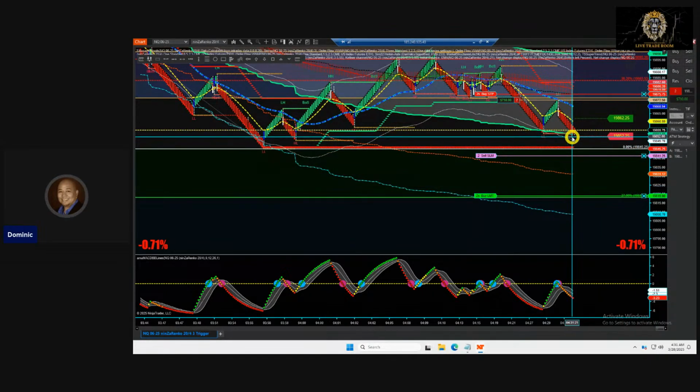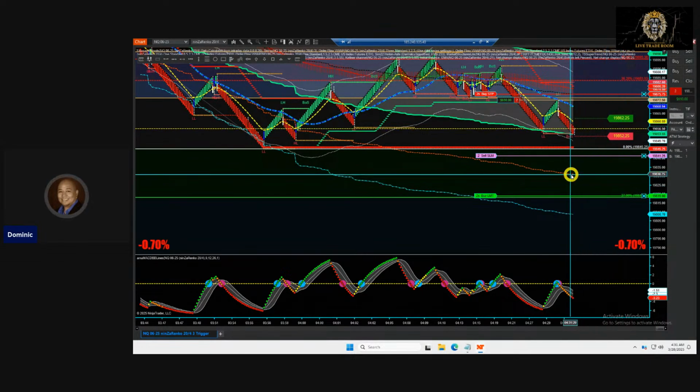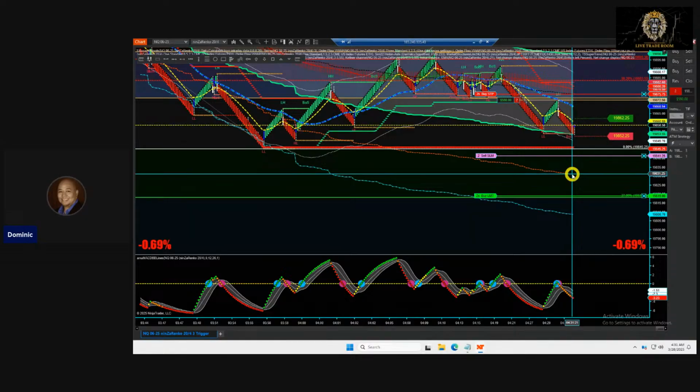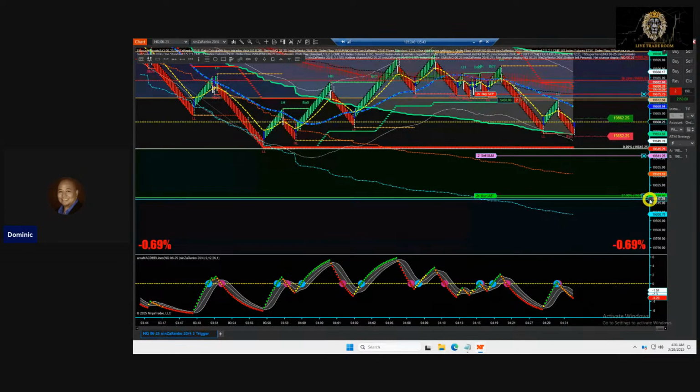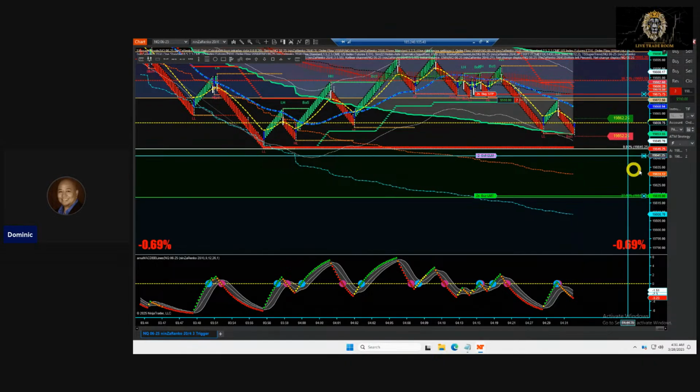Once you get past this -2 deviation, the next stop would be this deviation. This is the 2.5 deviation. See how they're trying not to break that?